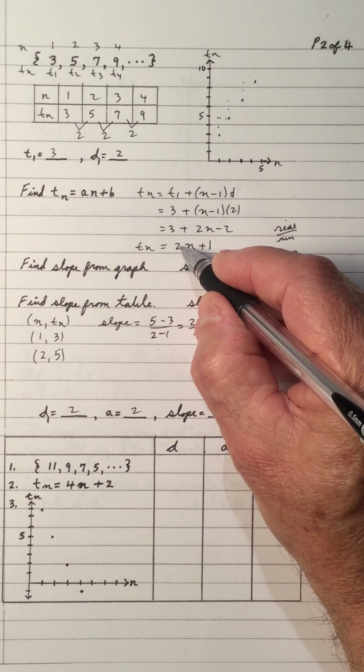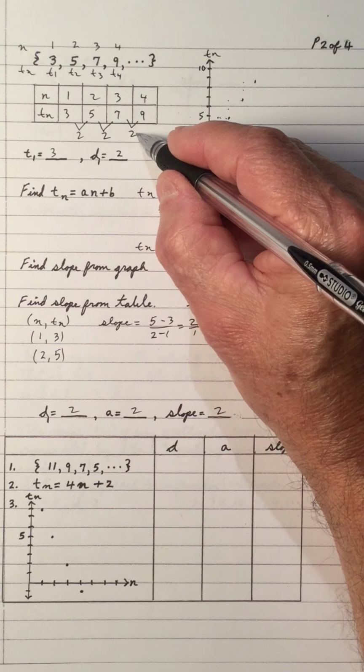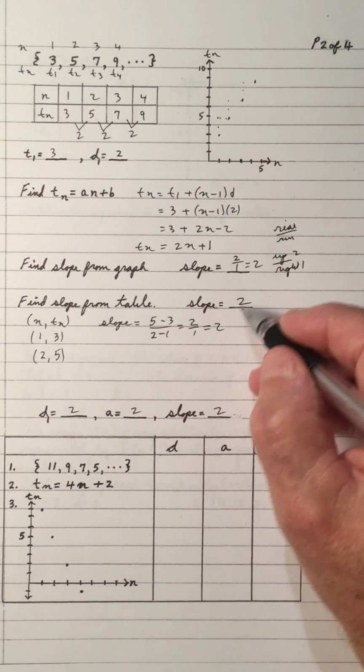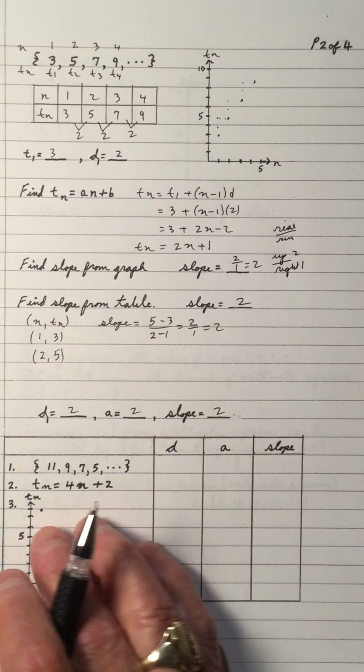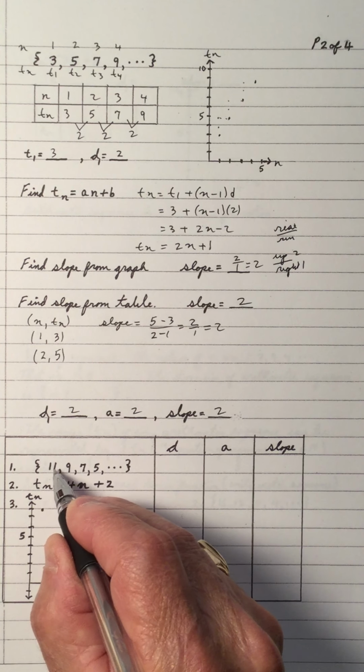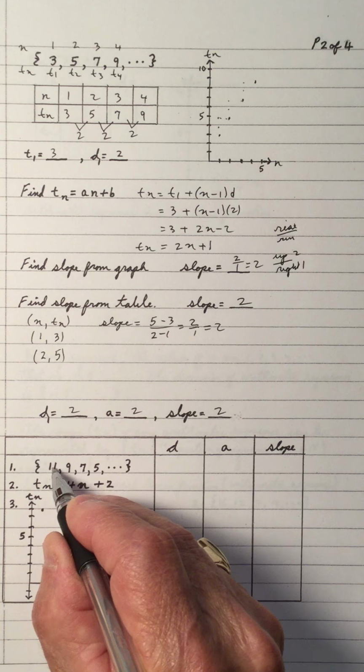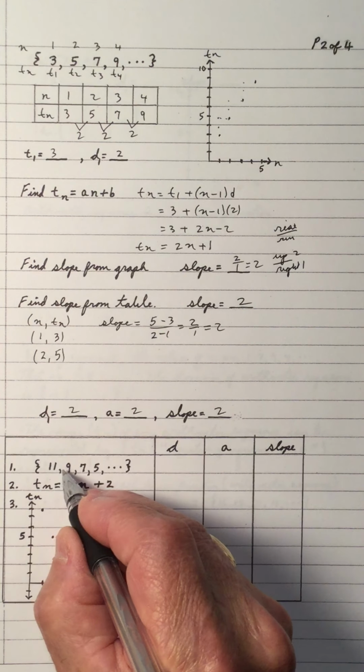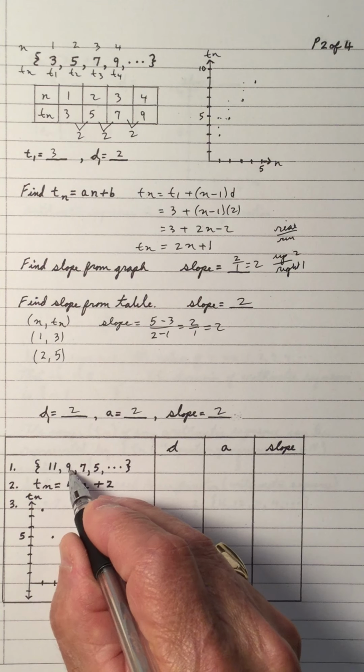Notice A is 2, the difference D1 is 2, the slope is 2. So in this other table, if I do the differences, 9 minus 11 is negative 2, 7 minus 9 is negative 2.